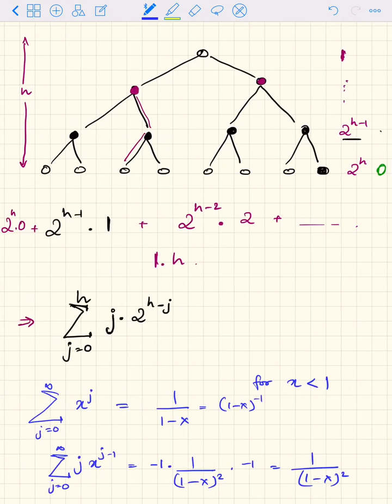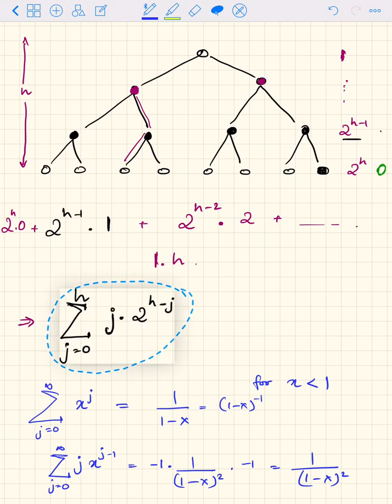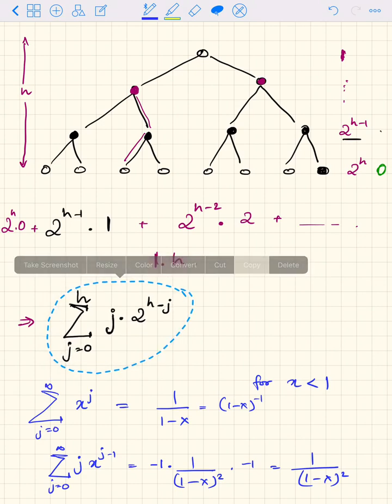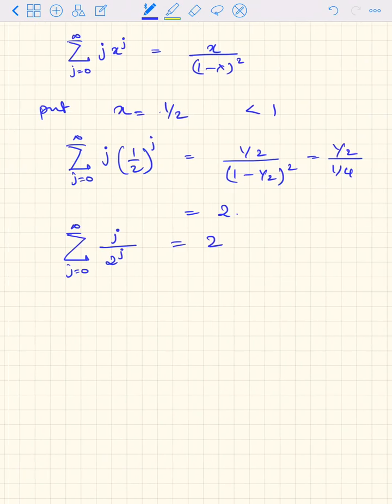So if you go back here, you see that this was our expression that we were interested in. So let's go back. See, this is what we wanted. Now let's simplify this one a little bit.